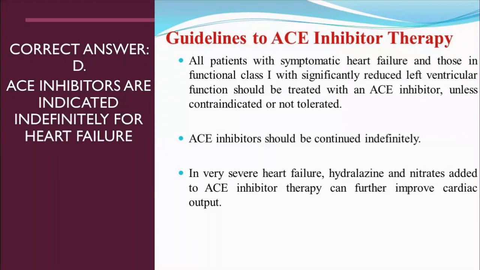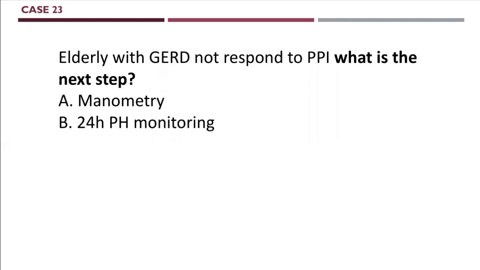Because if he has heart failure, you want all patients with symptomatic heart failure, those in functional class 1, with significantly reduced LV function, to receive ACE inhibitor unless contraindicated. So if there is heart failure, like LV dysfunction, you would use ACE inhibitor. That's a correct statement, guys. So I don't agree with the short aspirin therapy as the correct answer for the question.